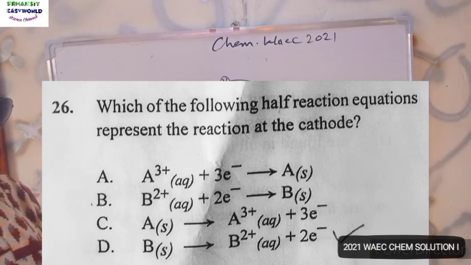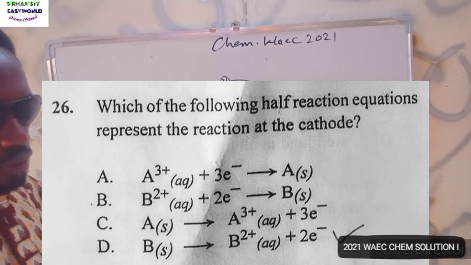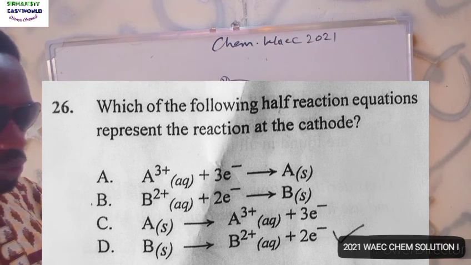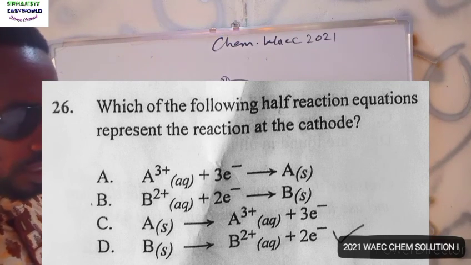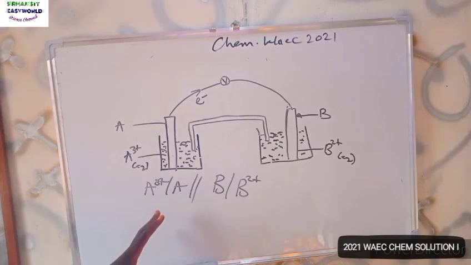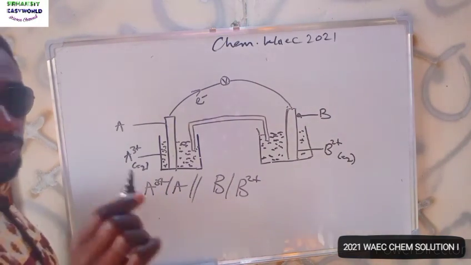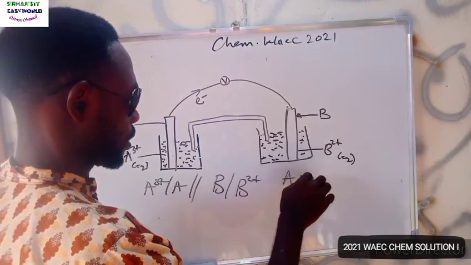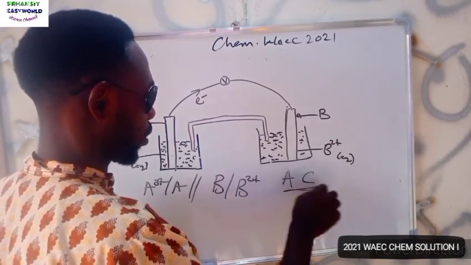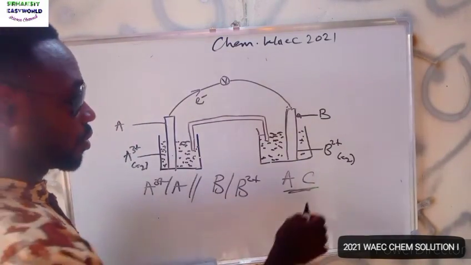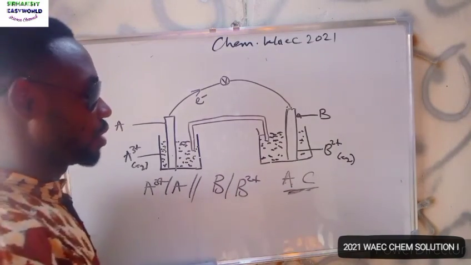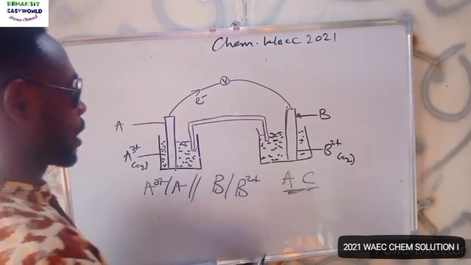The next question, question 26, says which of the following half reaction equations represents the reaction at the cathode? Remember, you can use the term AC, but now our AC stands for anode to cathode, meaning electrons move from anode to cathode.